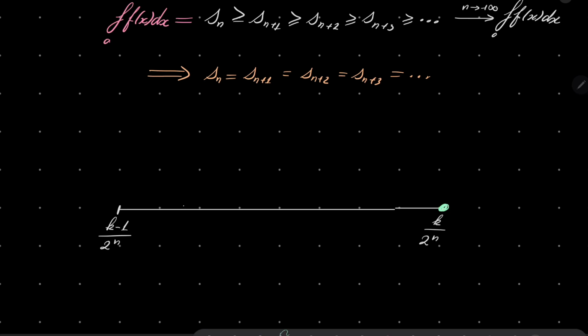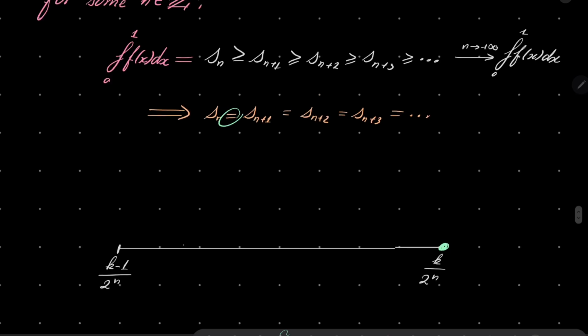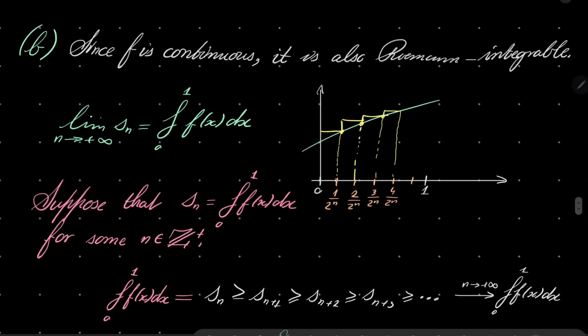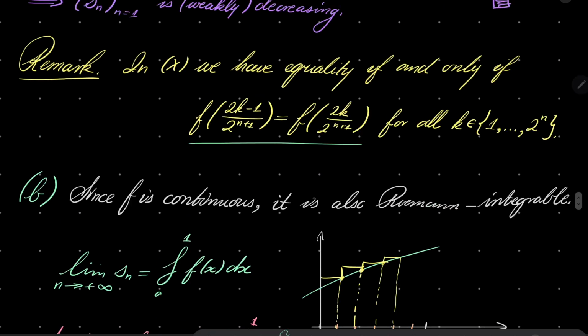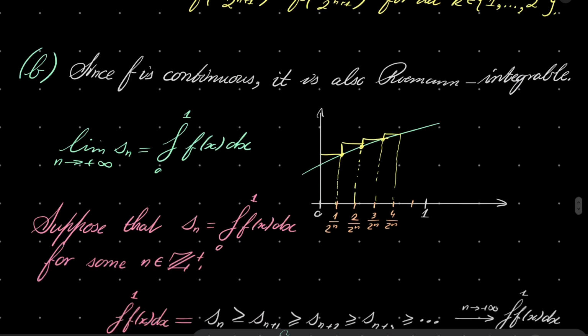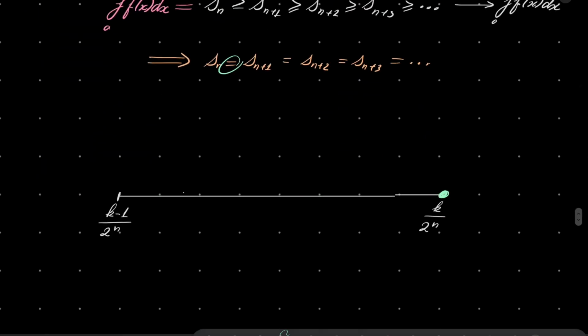Alright. Notice that since this equality is true, we have demonstrated, it was our remark written in yellow, that the value in the middle of our interval should be equal to the next value. So in our case, the value which our function attains at this point should be equal to the value which it attains at this middle point. Yes.